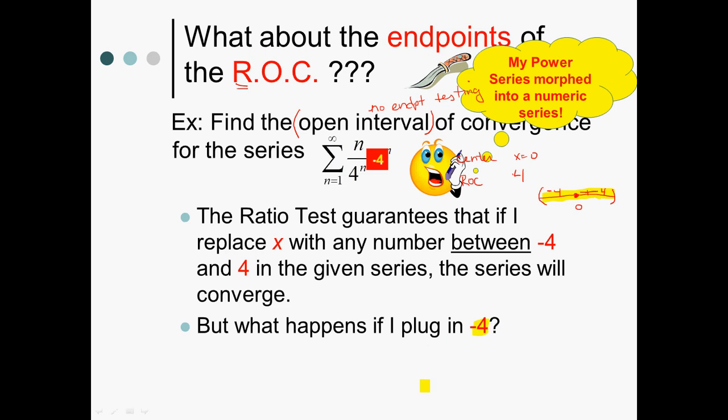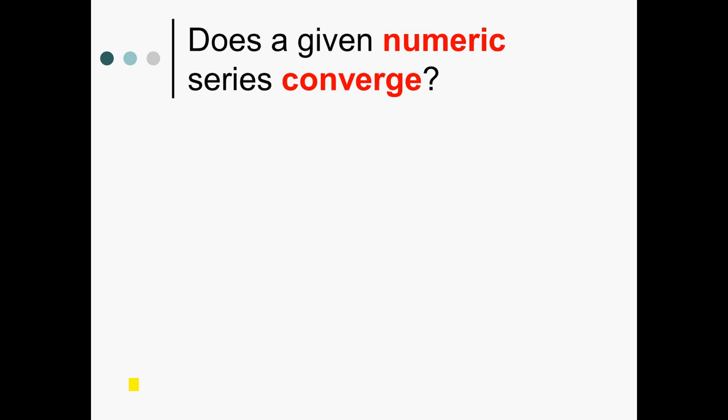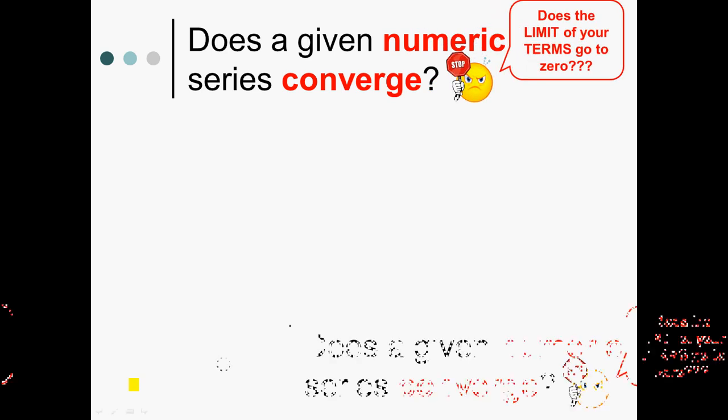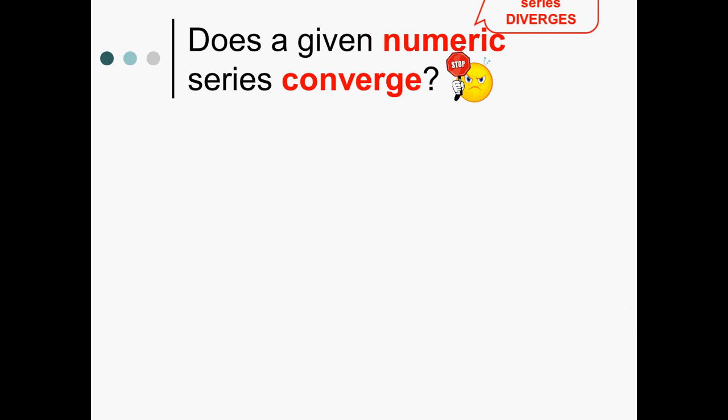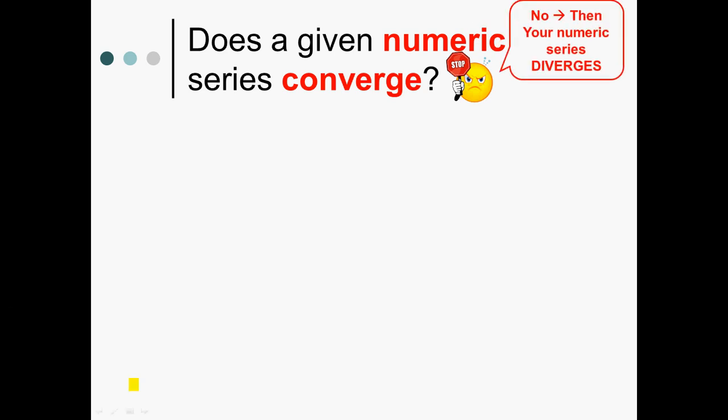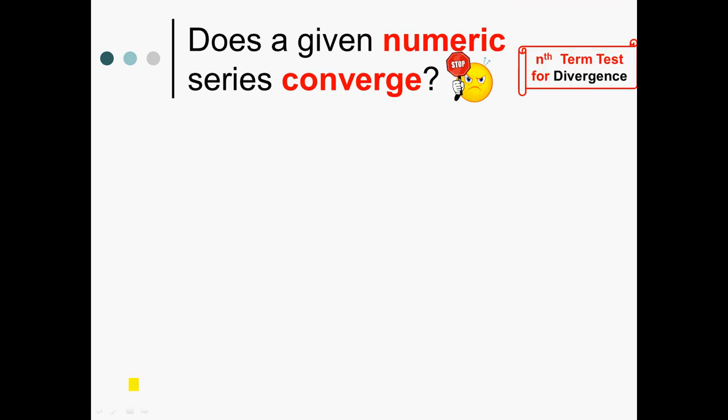As soon as you plug in negative 4 though, you don't have a power series anymore. You have a numeric series and you run your pre-cal numeric series tests on them. So I say to myself, how do I know if a given numeric series converges? I check the nth term test for divergence first. Then I think to myself, is it geometric?